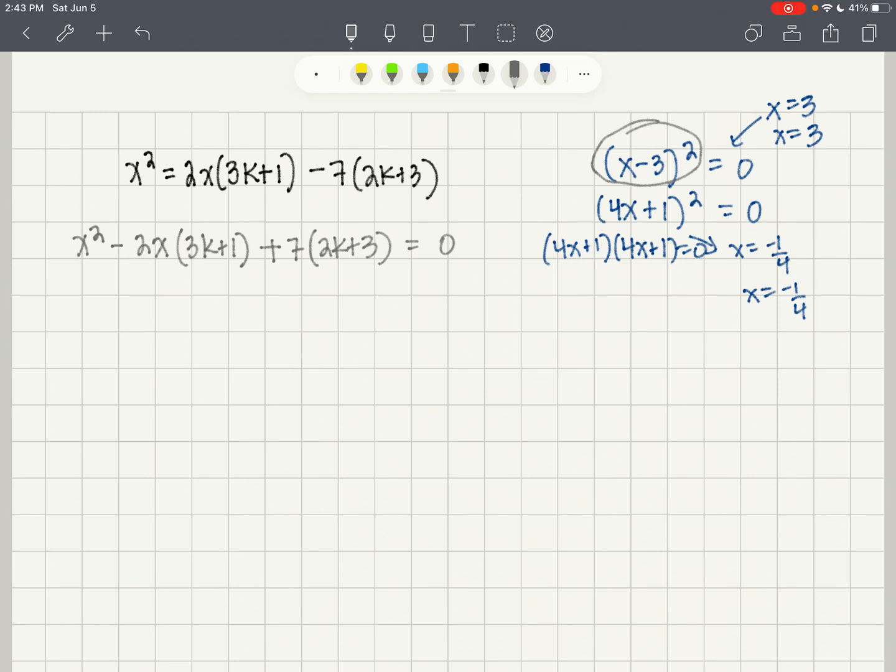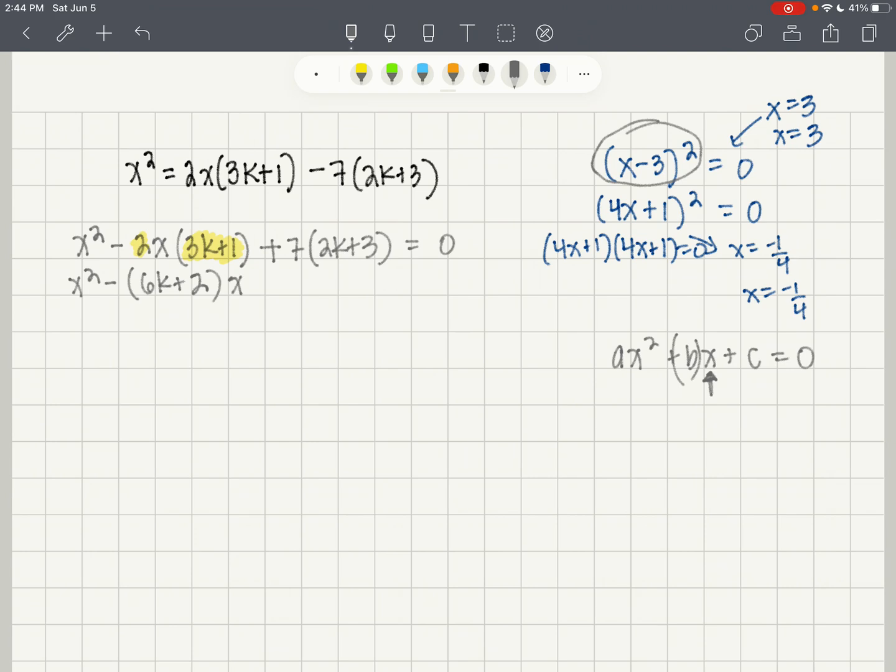And now I'm going to make it look like ax squared plus bx plus c equals 0. So I want that x on the right-hand side, and then I want all of the coefficient in front of it. So that's what I'm going to do here. I'm going to multiply the 2 and the 3k plus 1. So that's going to be minus (6k plus 2) times x.